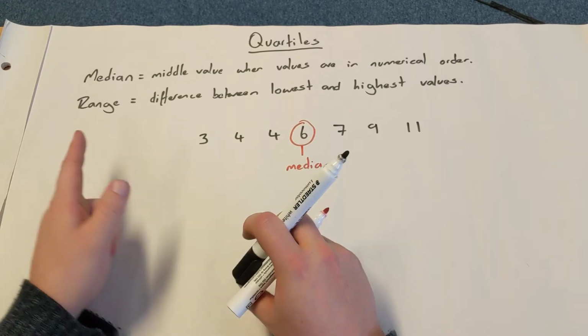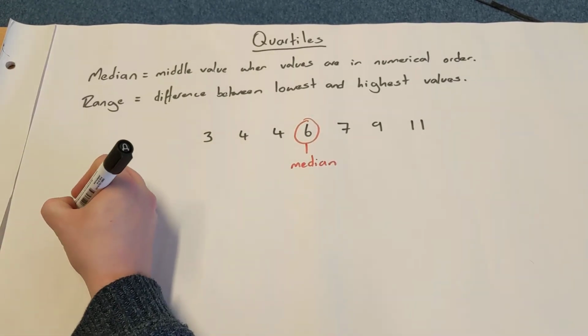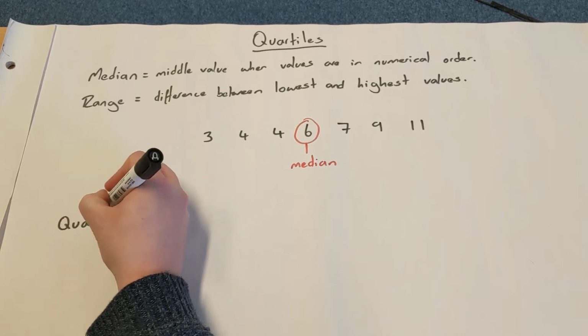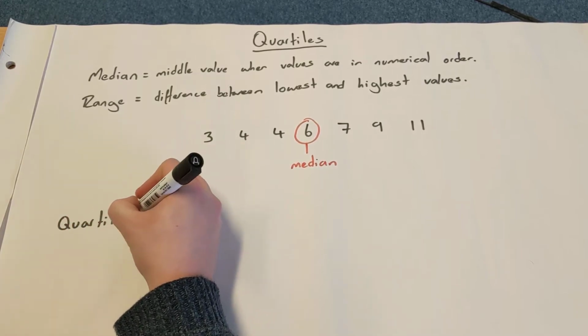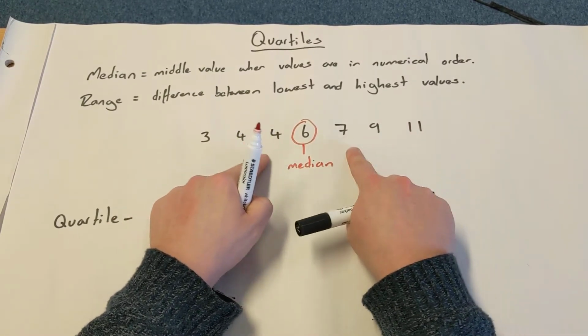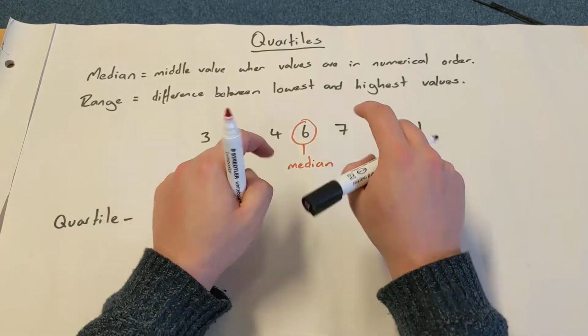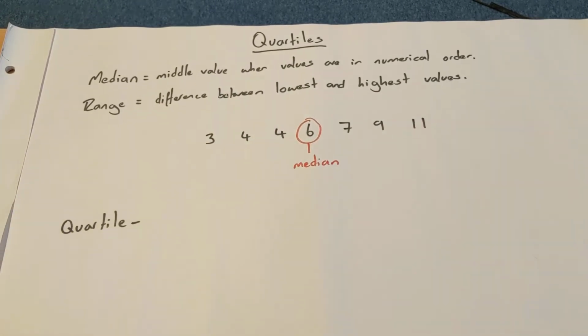Okay, and so what we want to look at now is what a quartile is. A quartile, you can think of that like another median, and it's what splits each of these halves in half. And so when you've done your quartiles, your set of data will be split into 4 groups.